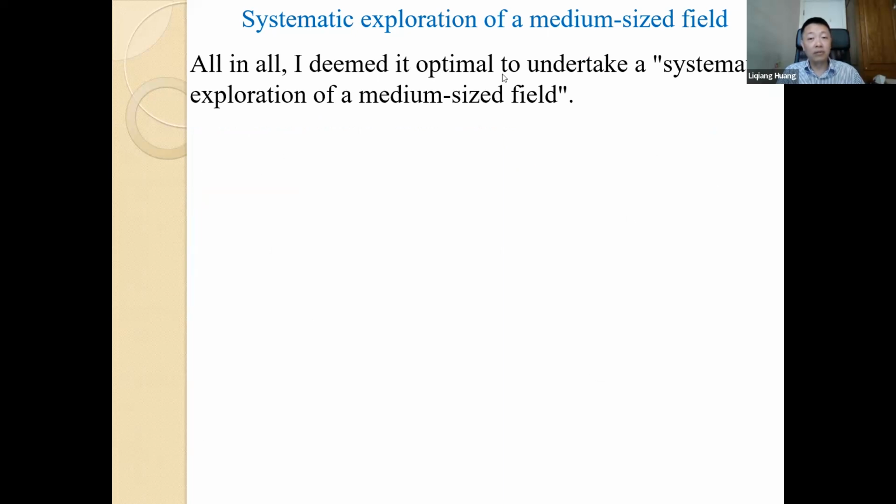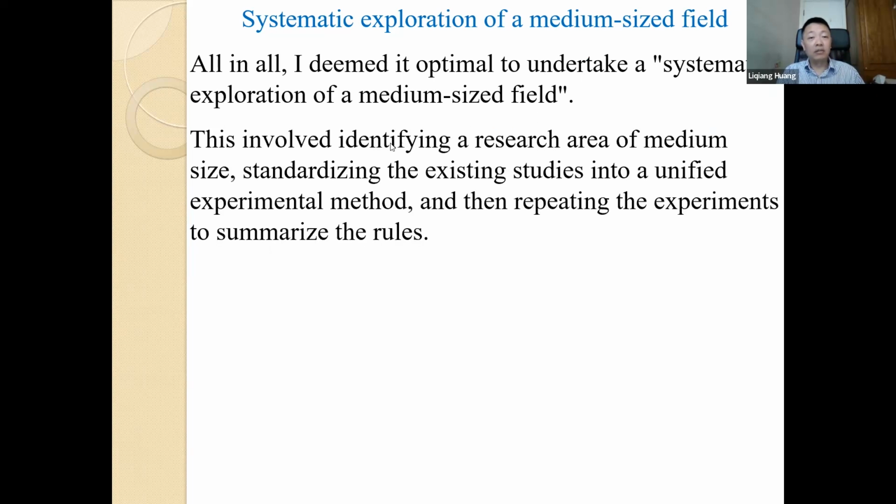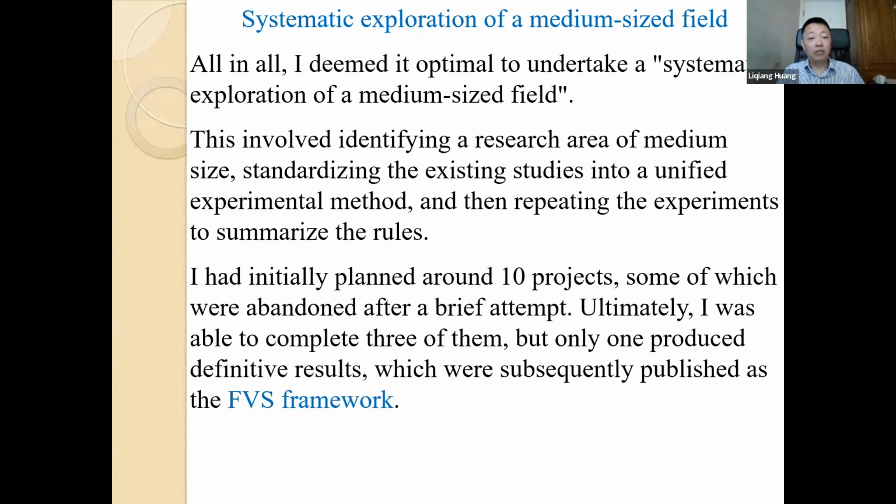So all in all, my plan back then, after 2012, was to undertake what I call a systematic exploration of a medium-sized field. This involved identifying a research area of medium size, standardizing the existing studies into a unified experimental method, and then repeating the experiments to summarize the rules.